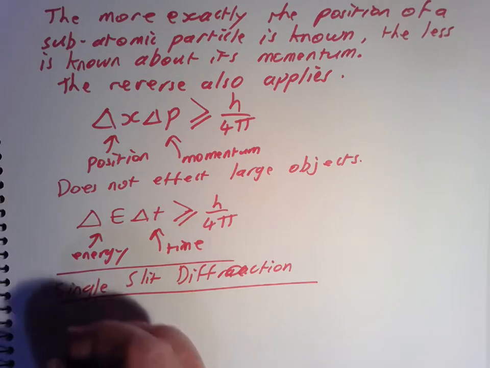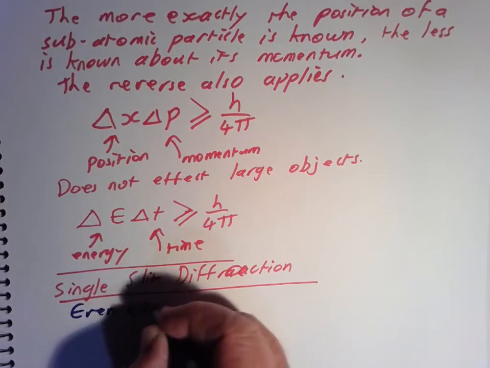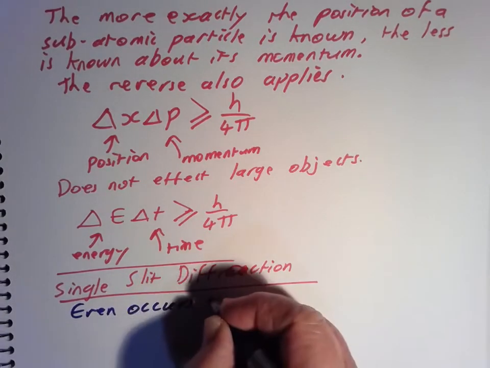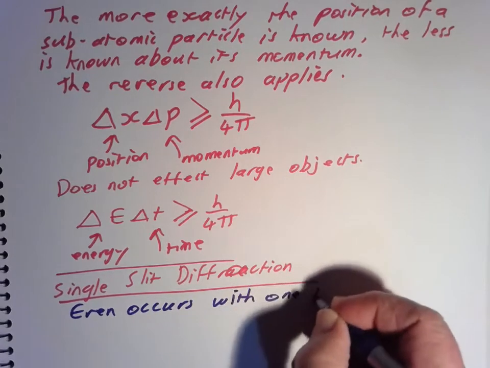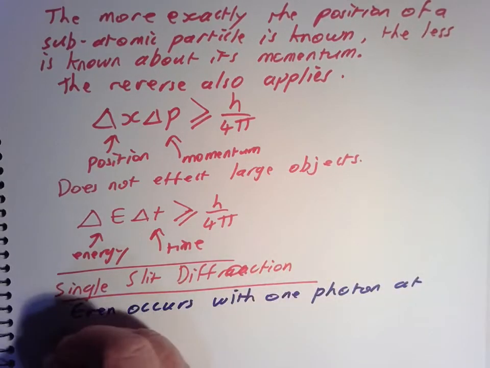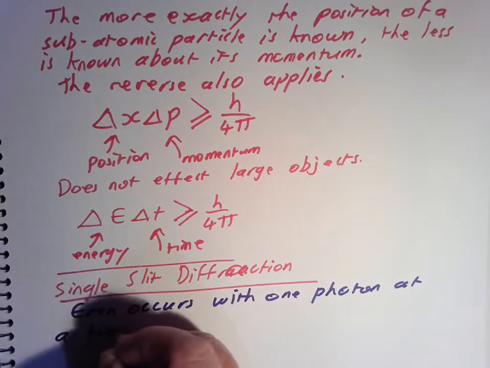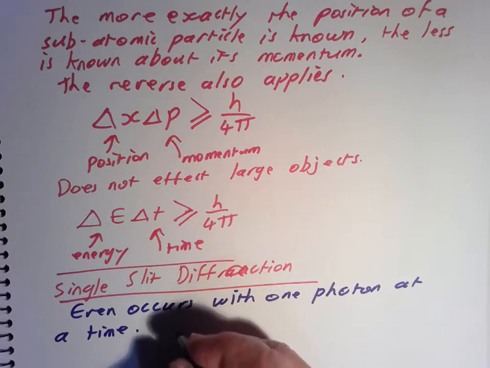Okay, with single slit diffraction, even occurs with one photon at a time. The variation occurs due to the uncertainty principle.